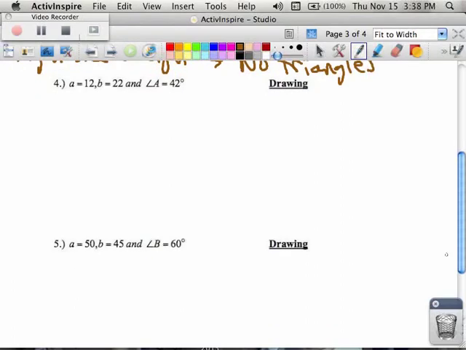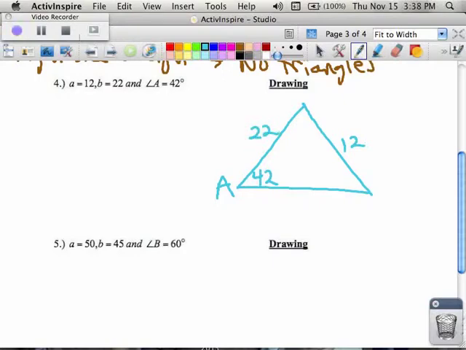Number 4, setting up my drawing again. In my drawing, whenever I draw my triangle, angle goes on the left, always first. So 42 degrees is on the left. That was called angle A. Side A is across from it. That's the number 12. Whatever's left over, which is called the B, goes on the left. I don't even care about labeling it.